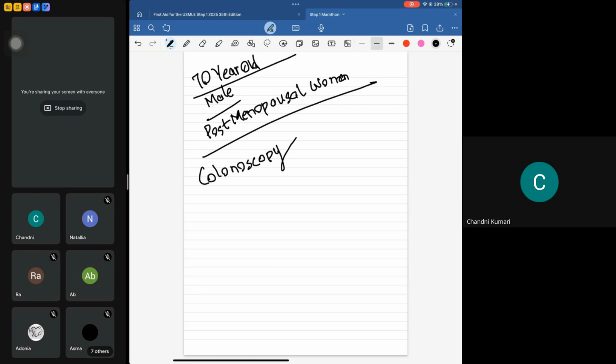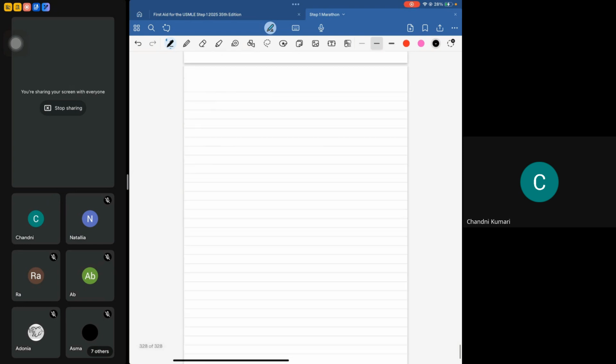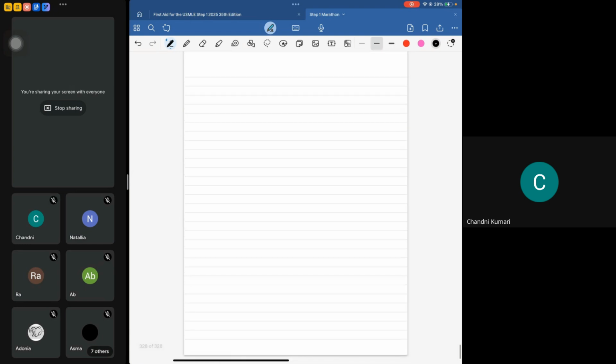The only symptom of colon cancer most likely is iron deficiency anemia, which we denote by IDA, right? IDA is the most pertinent sign of colonic cancer. That's why colonic cancer is very hard to detect, and why we do colonoscopies in these patients. We start screening colonoscopies at the age of 45, right?